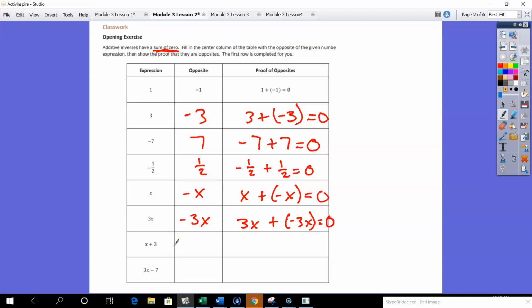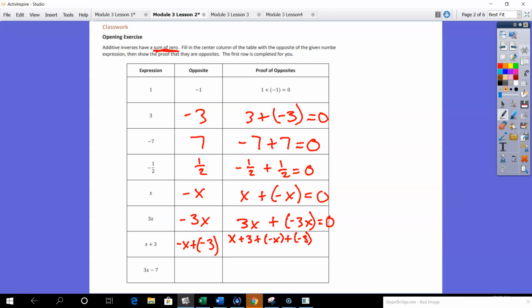Okay, so then the opposite of x plus 3 would be -x plus -3. And we could put that in parentheses to separate it. Okay, so to prove that, we have x plus 3 plus -x plus -3.